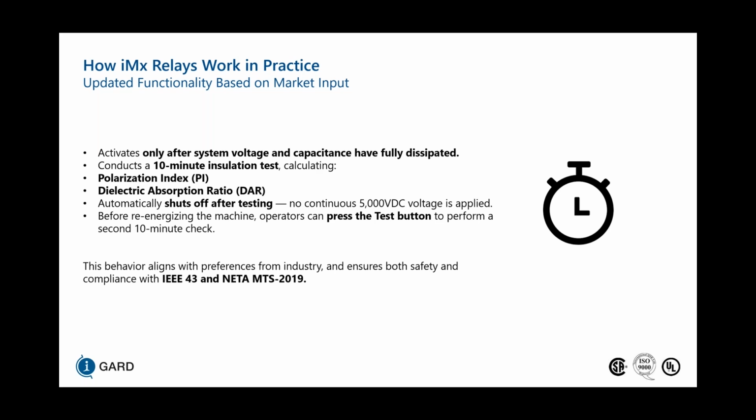It automatically shuts off after testing, so no continuous 5,000 volts DC voltage is applied. It's only during the test period that we apply that DC voltage. Before re-energizing the machine, operators can press the test button to perform a second 10-minute check before the machine comes online. This behavior aligns with preferences from industry and ensures both safety and compliance with IEEE 43 and NETA MTS-2019.